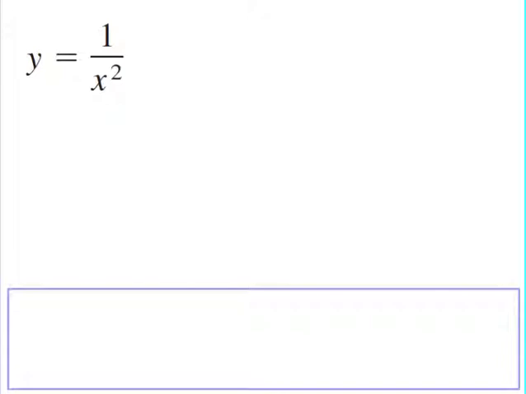You rewrote it, right? Let's rewrite it so that it's x to a given power. How can I write 1 over x squared as x to a given power? x to the negative 2. Okay, now let's do the rule.